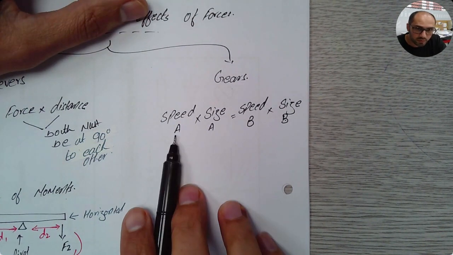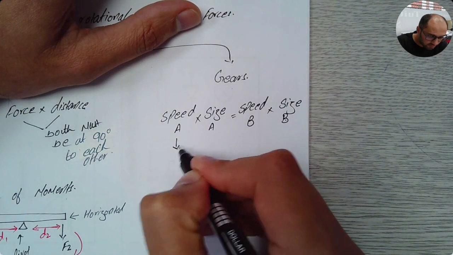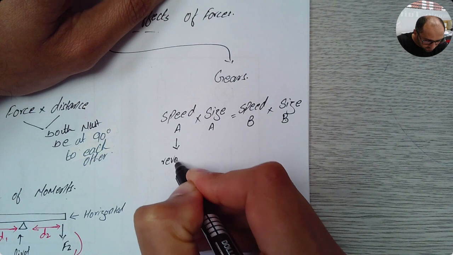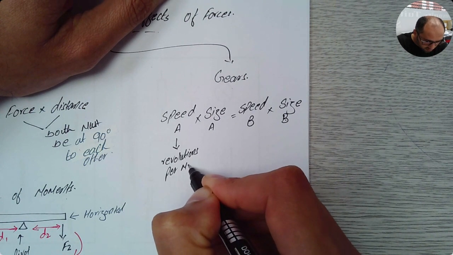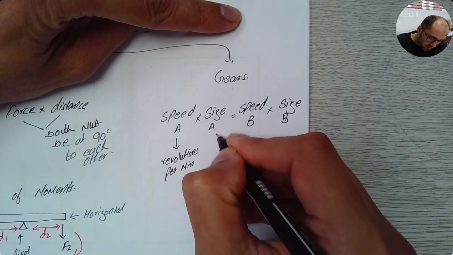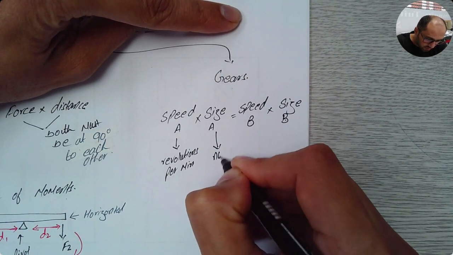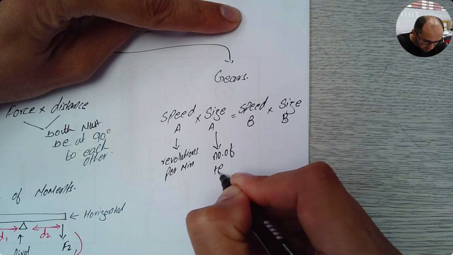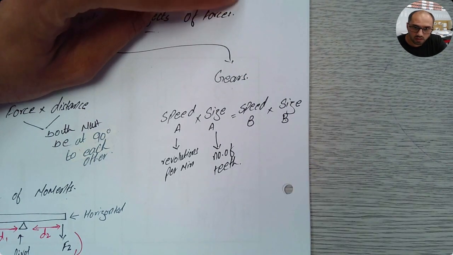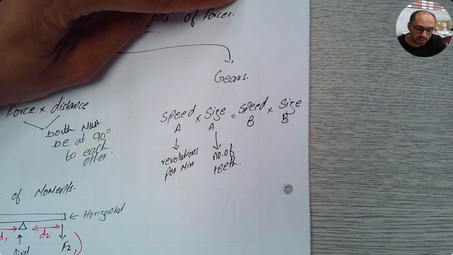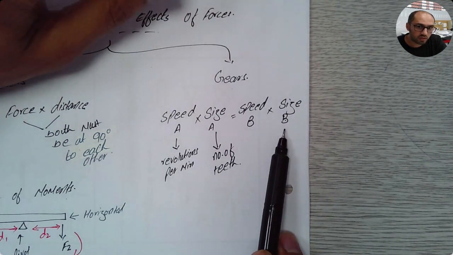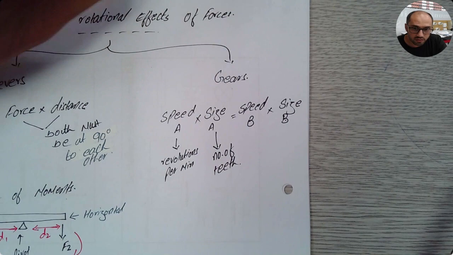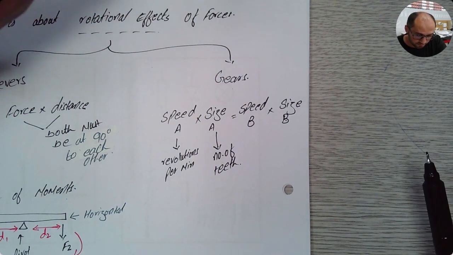So the speed will be revolutions per minute or seconds. That's per minute. Size will be the number of teeth on a gear. If you use this equation, you can work out either the speed of one of the gears or the size of one of the gears, provided the other three values are given to you.